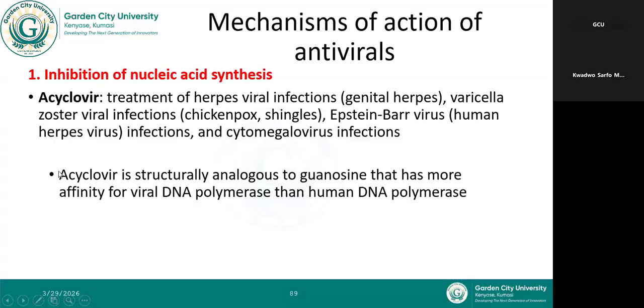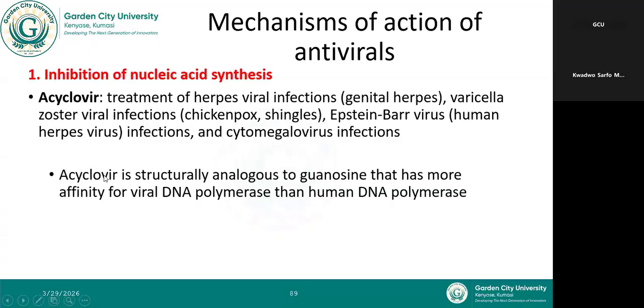This acyclovir is also similar to guanosine. The structure of DNA is made up of three components. We have the sugar component, which is ribose or deoxyribose, which has a 5-carbon ring. It has phosphate groups and the nitrogenous base.